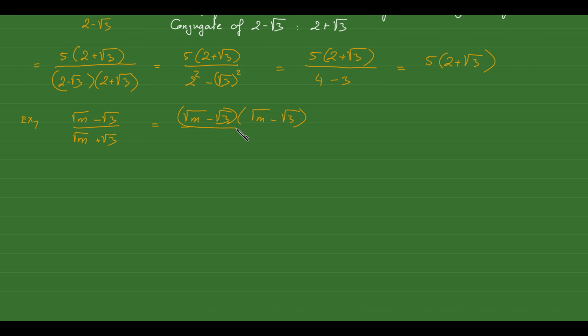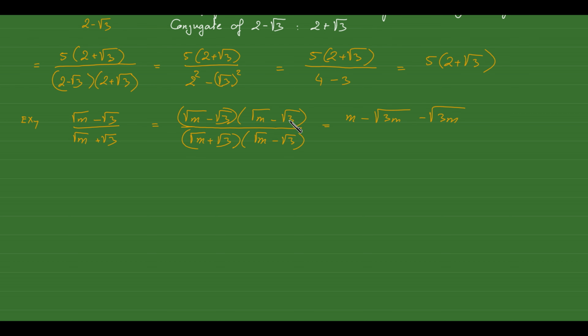At the bottom here, I multiply the square root of m minus square root of 3 as well. Alright, so over here, this is what happened. This time we don't keep the factored form; we have to expand it. Square root of m times square root of m gives you m, minus square root of 3m, minus square root of 3m.